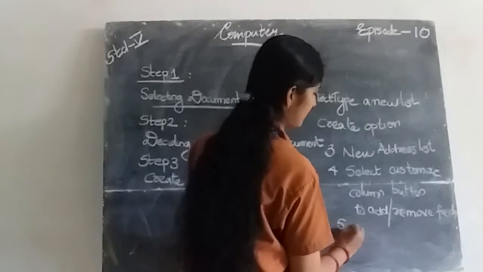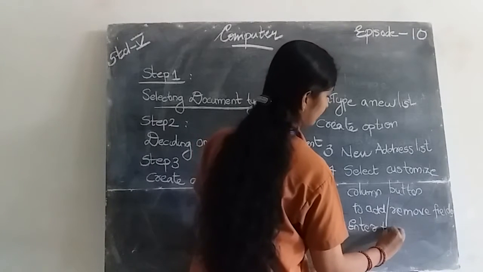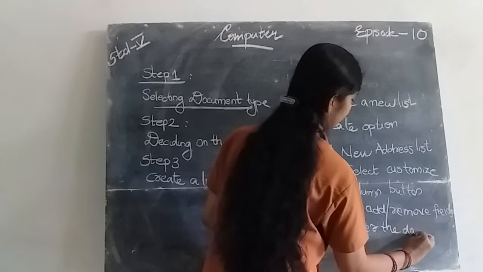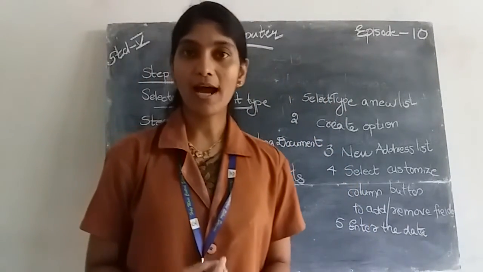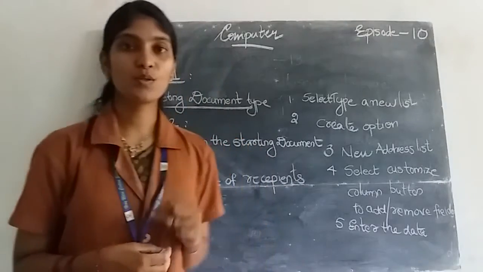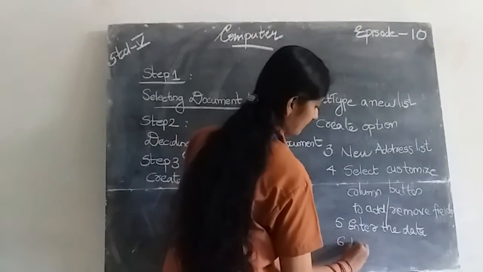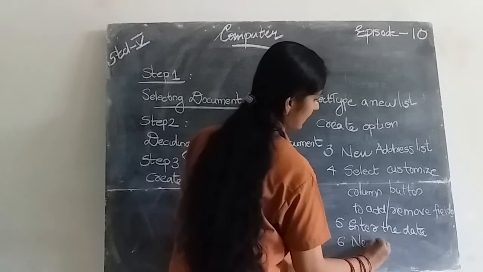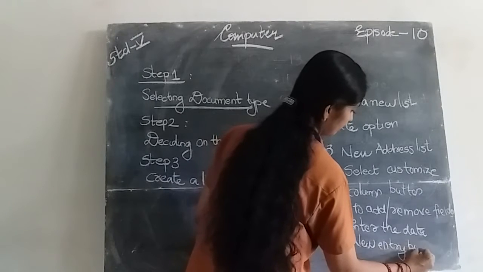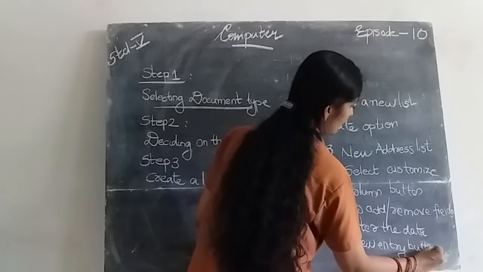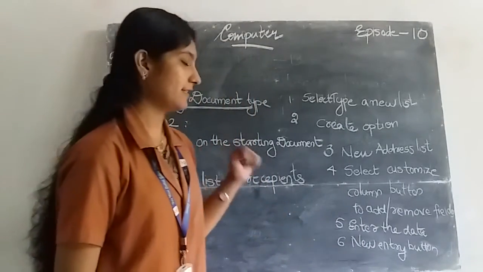So, fifth step, enter the data. Then, if you want to add one more recipient, go to the New Entry button, so that you can add more than one recipient in the different fields.